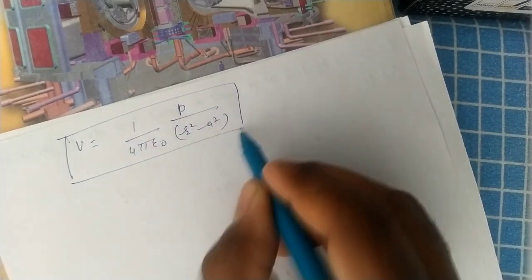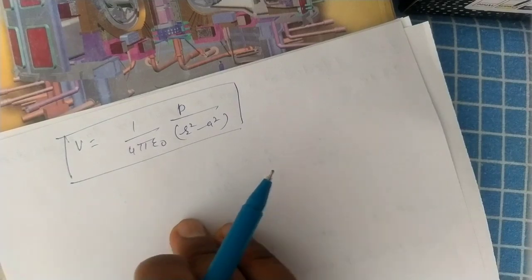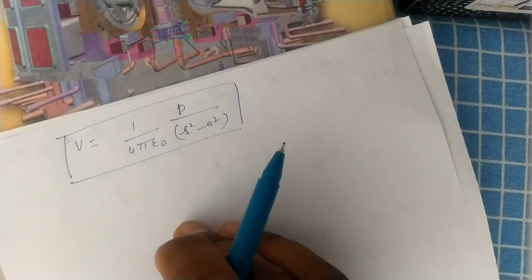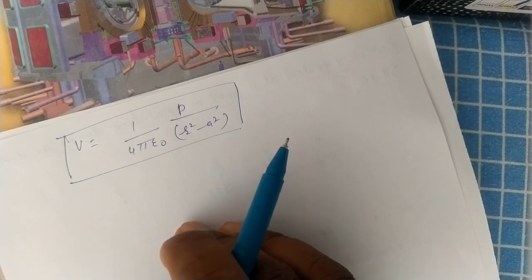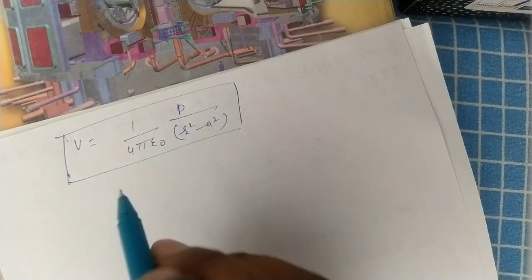This is the equation of electric dipole, the potential at point P. This is the equation for the electric potential at point P.